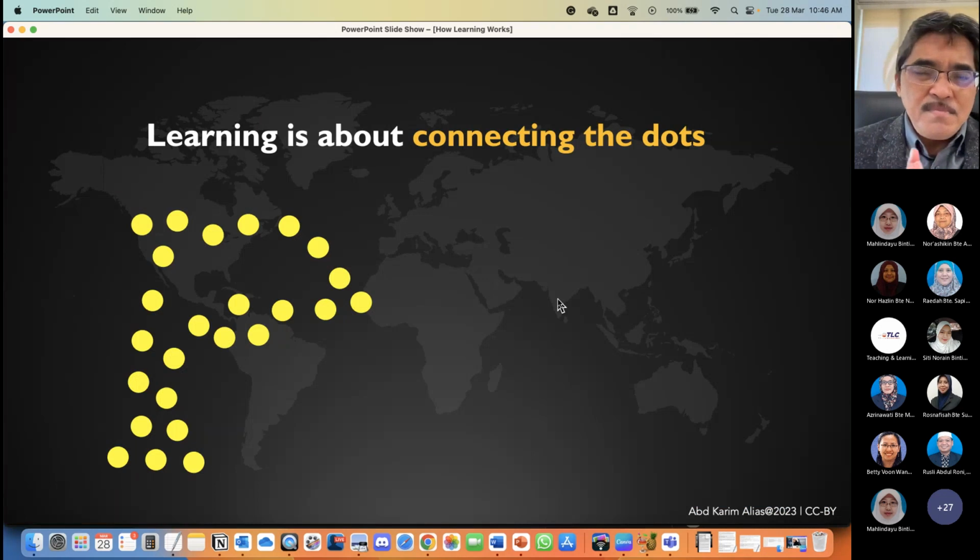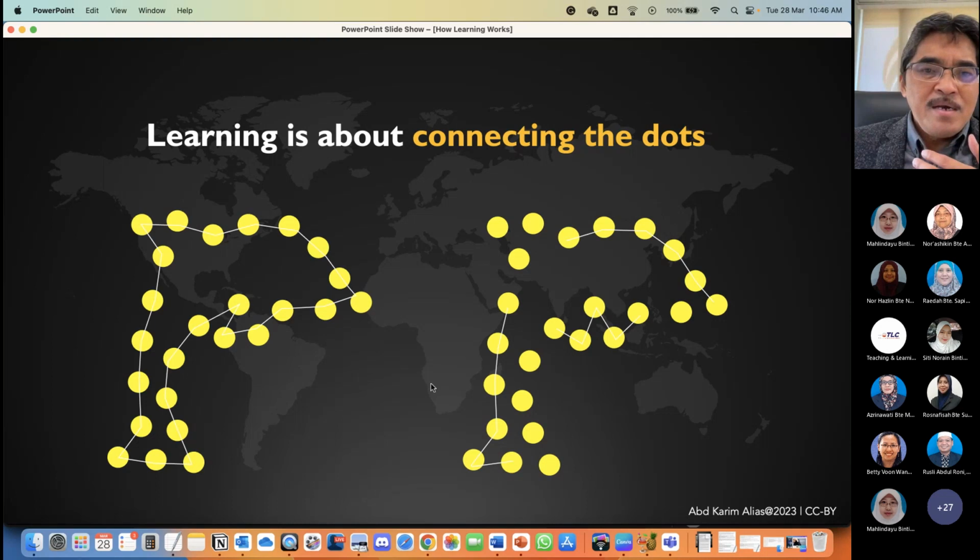So learning is about connecting the dots. Initially, in the student's mind, when they learn a new topic, everything is very abstract, vague, not clear. It's just like random dots moving around, like Brownian motion, right? So our job now is to help the students connect the dots. Learning happens when they are able to connect the dots.